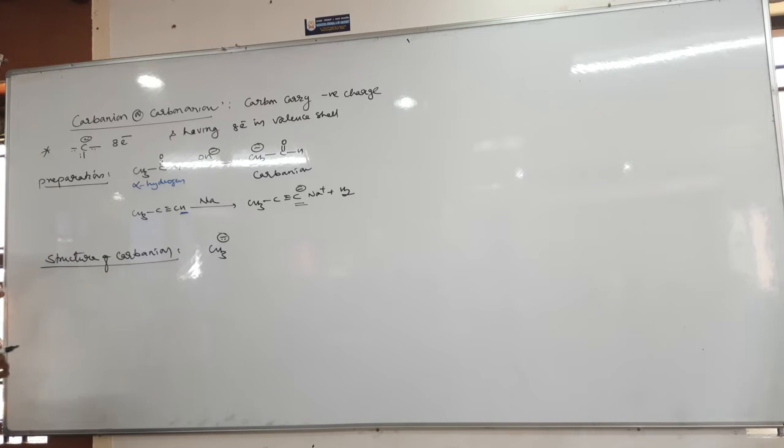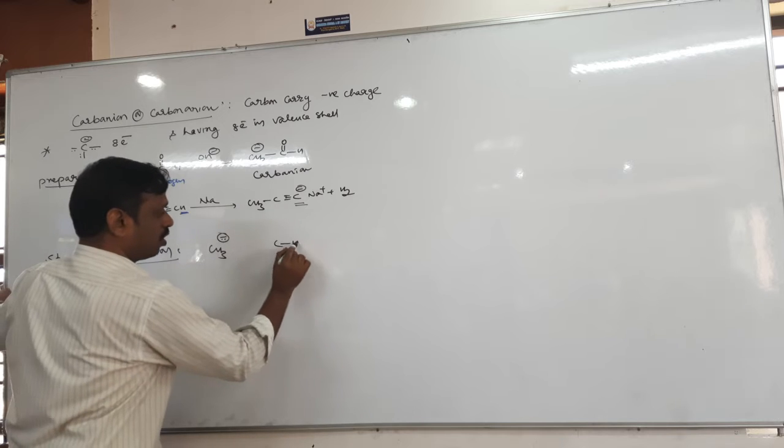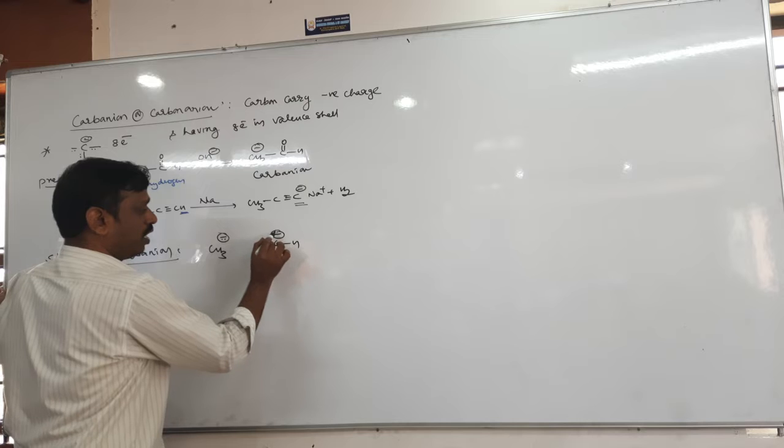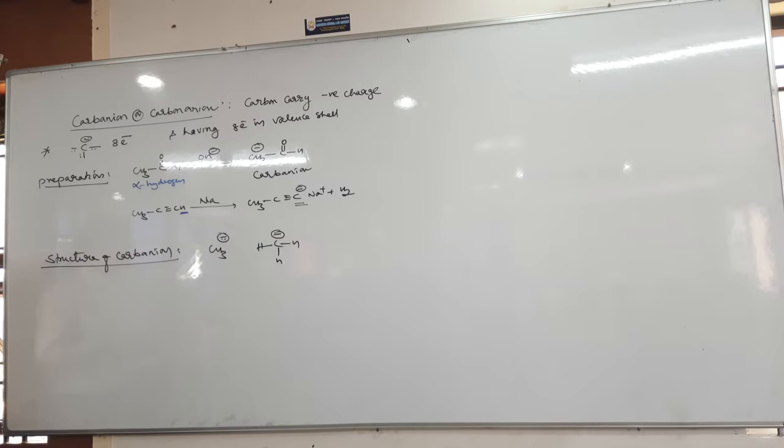Can you tell me, CH3, there is carbon containing 3 bonds with hydrogen and there is a negative charge, a pair of electrons. So what is the hybridization? Then what is the bond angle and what is the lone pair geometry? Tell me.